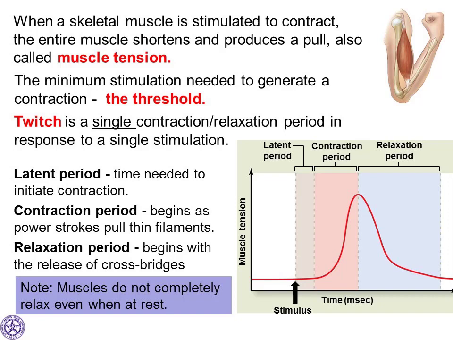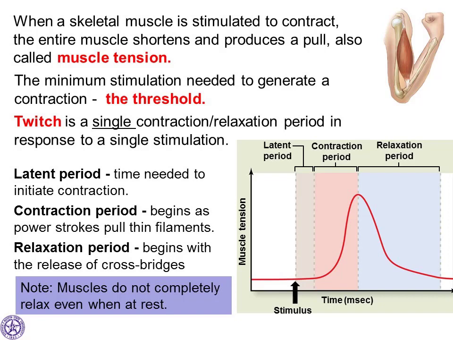But how do we define a motor unit relative to how many muscle cells? One motor neuron. How many muscle cells are innervated by one motor neuron? That defines the motor unit. Depending on the muscle, it could be a couple and it could be thousands.